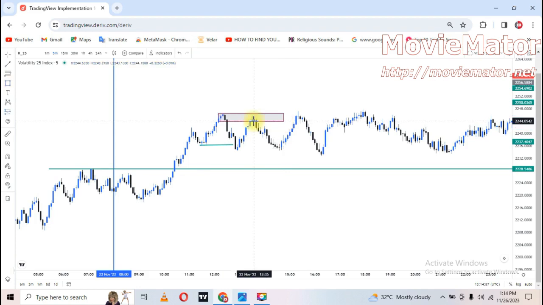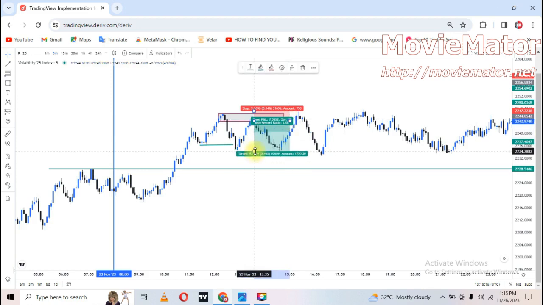You just have to mark the order block. You take your short position, your stop loss right here, and then you target 3 RR.